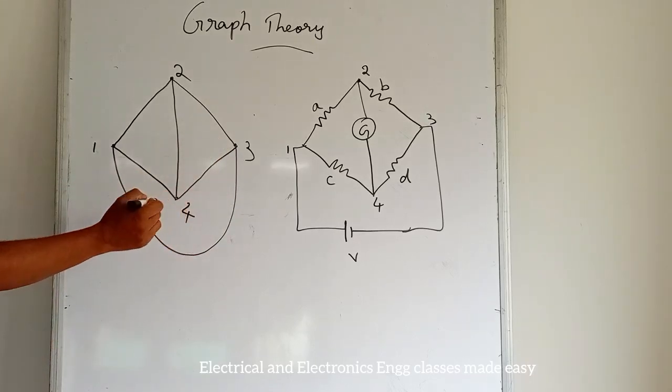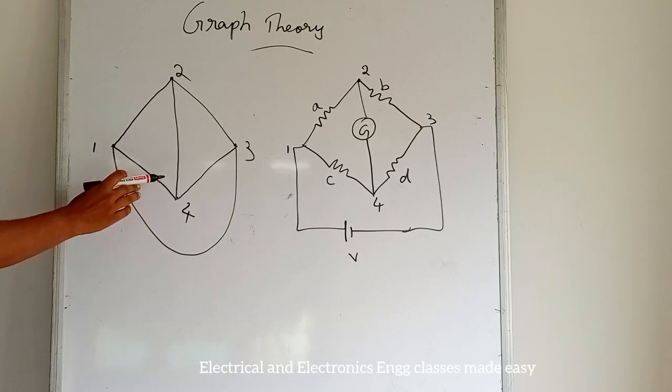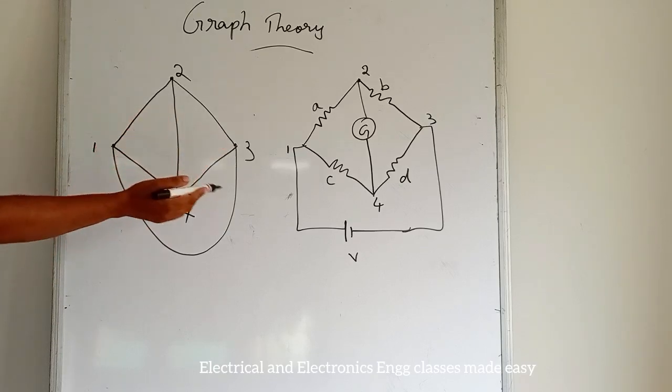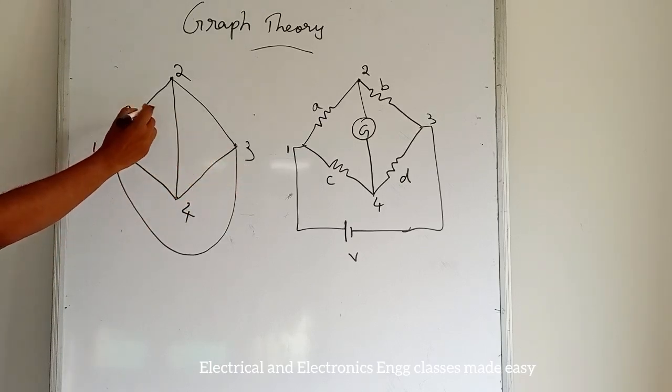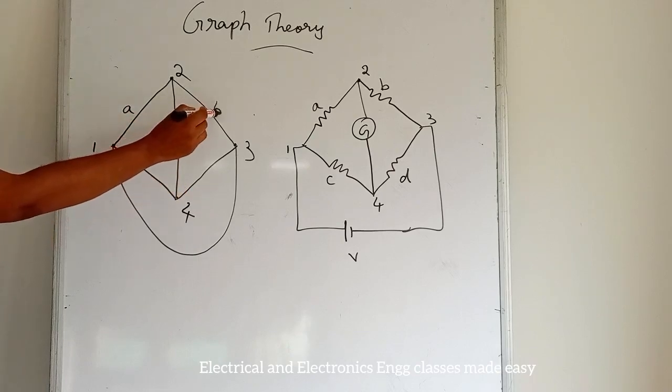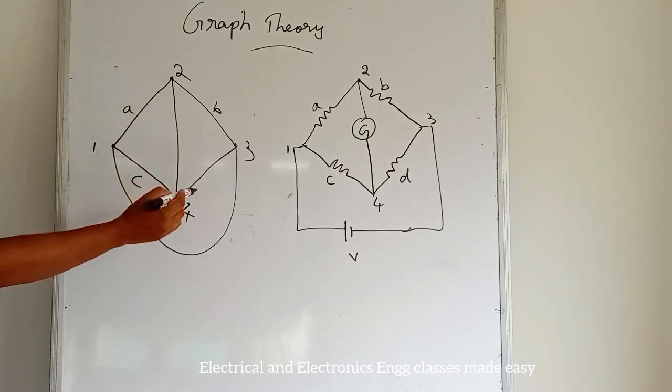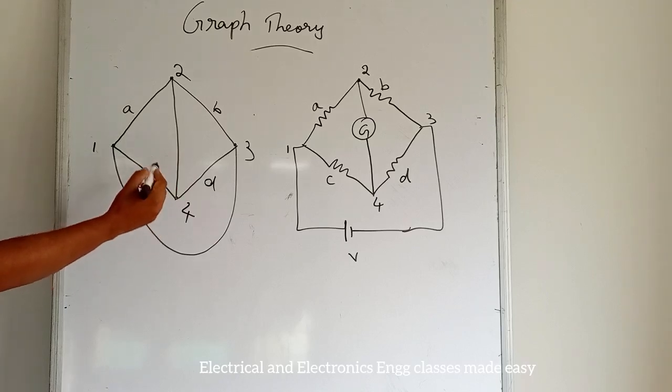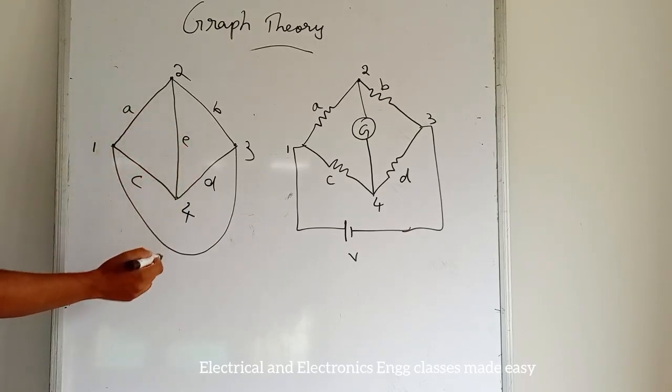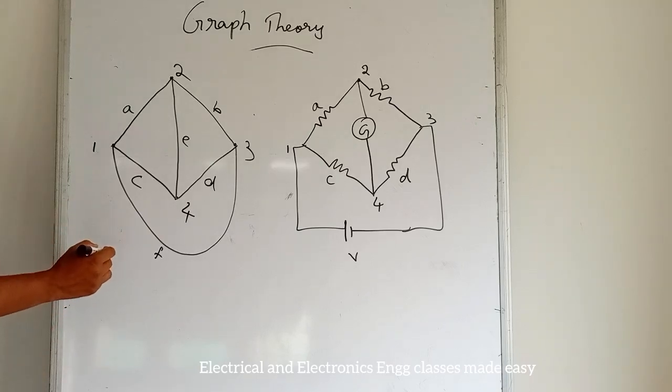So it will be like this. This is the graph corresponding to the network shown. So this is the branch A, then B, C, D, then let this be E and F.